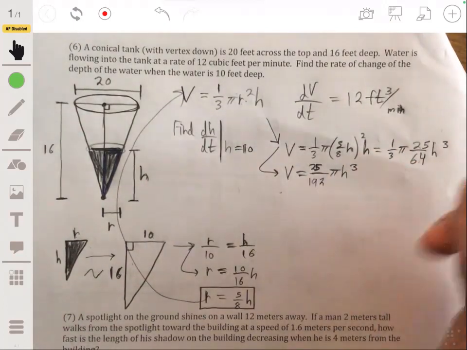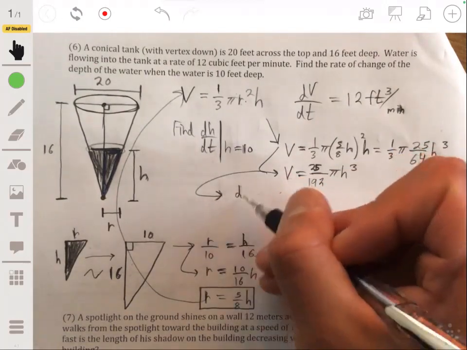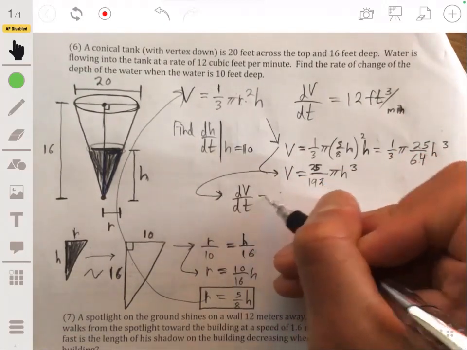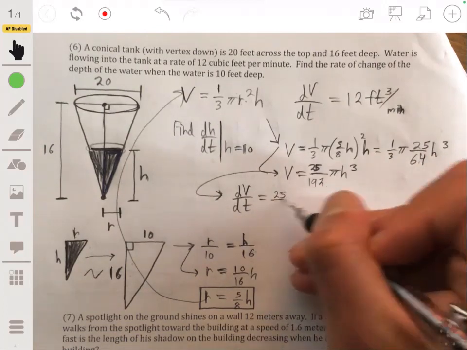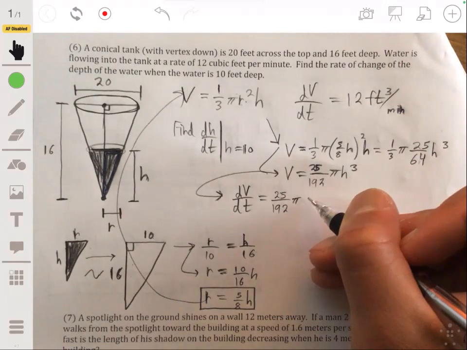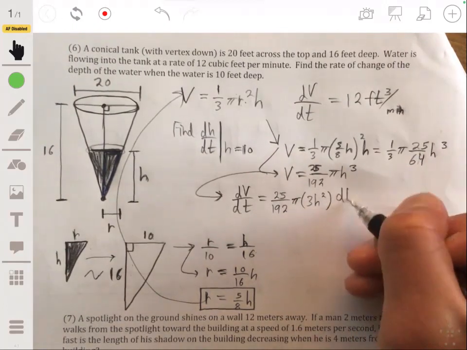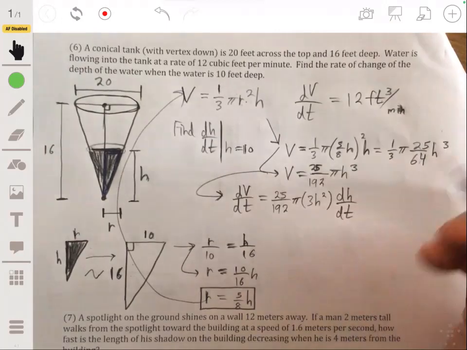So let's go over here so we have more room. dV/dt will be equal to 25 over 192 pi. Using the chain rule, we'll get times 3H squared times dH/dt.